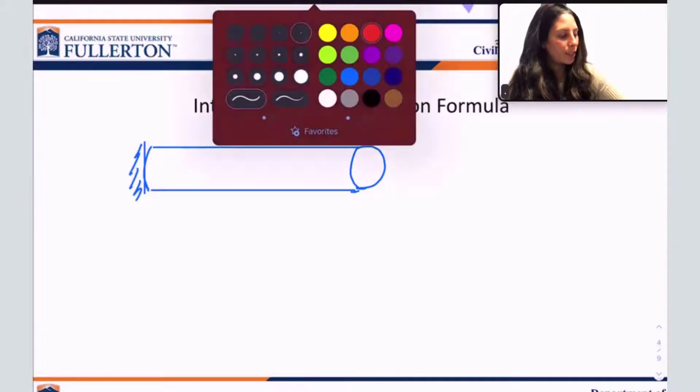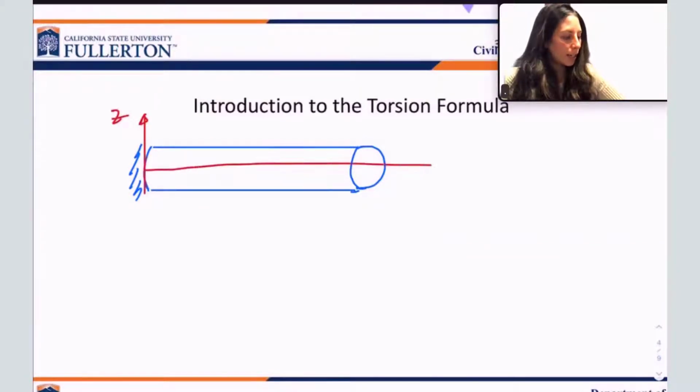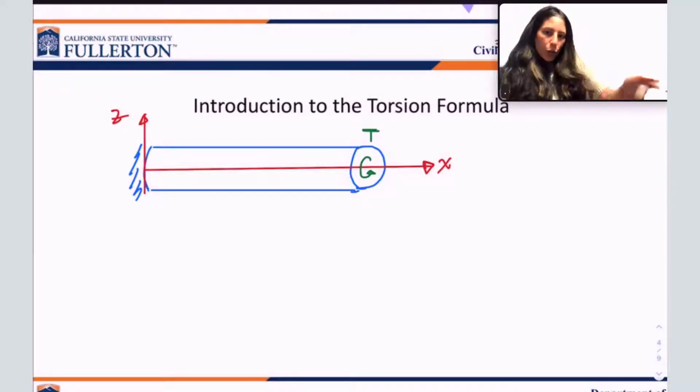This is the z-axis here, okay? And this is that x-axis that we're twisting about, okay? So we're applying this torque about this x-axis. I'm going to call this torque T, okay? And the y-axis is kind of going in. It's kind of hard to see, but I will try to draw it this way. The y-axis is going in that way, okay?